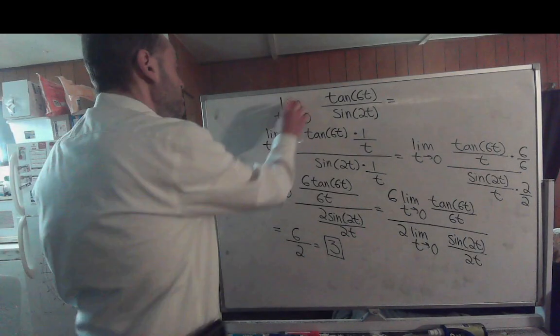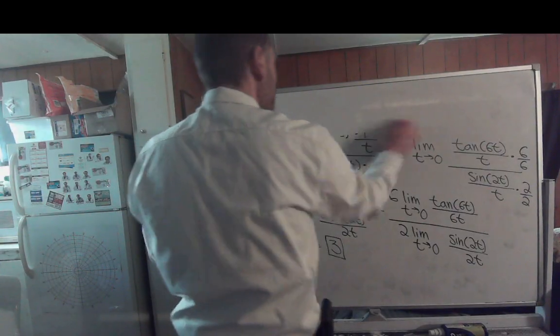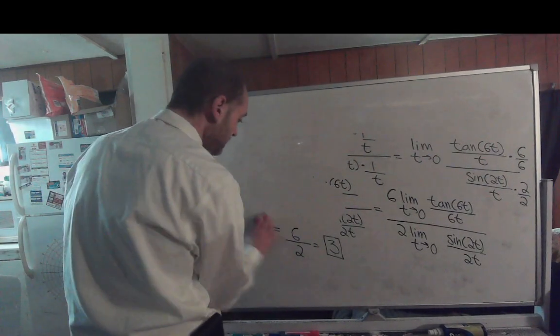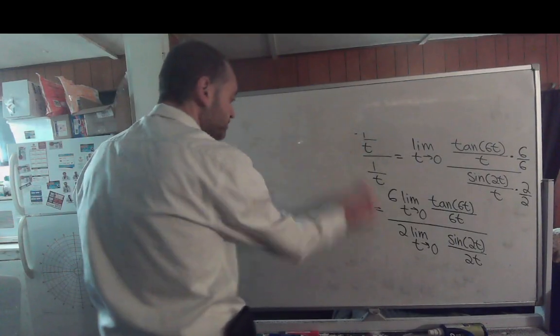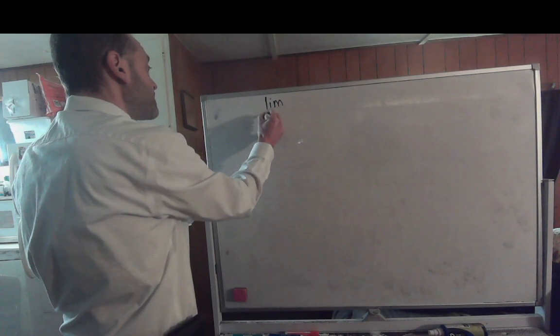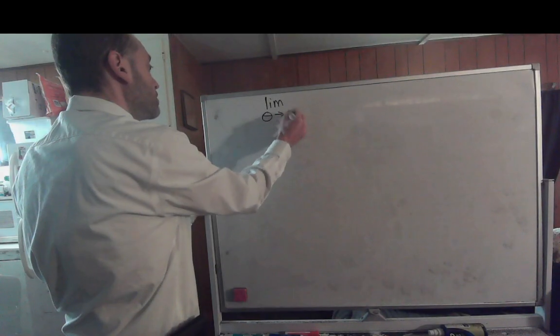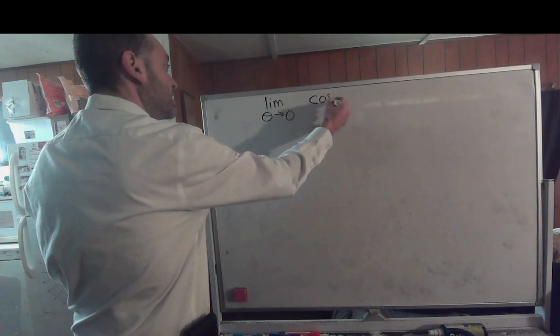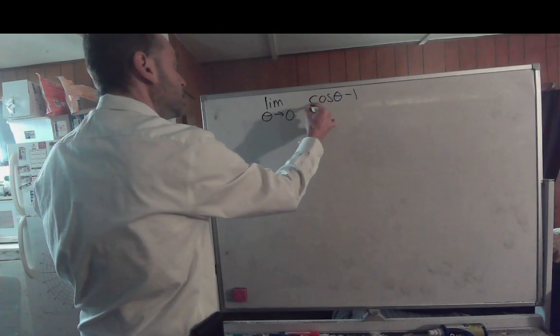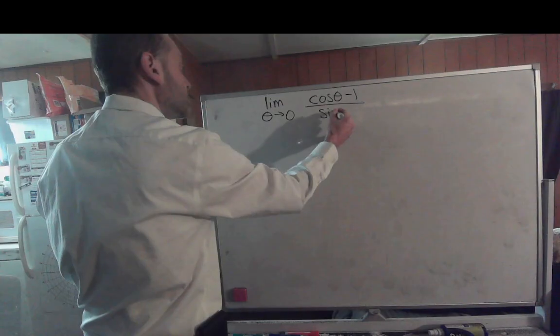All right, let's change it a bit now. We're going to take the limit as theta goes to 0 of the cosine of theta minus 1 all over the sine of theta.